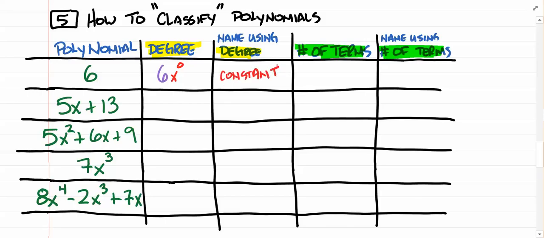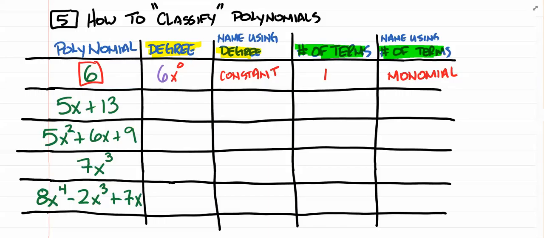Now take a look at the number of terms. There is only one term in this thing, so therefore we call this a monomial. So we have a constant monomial.